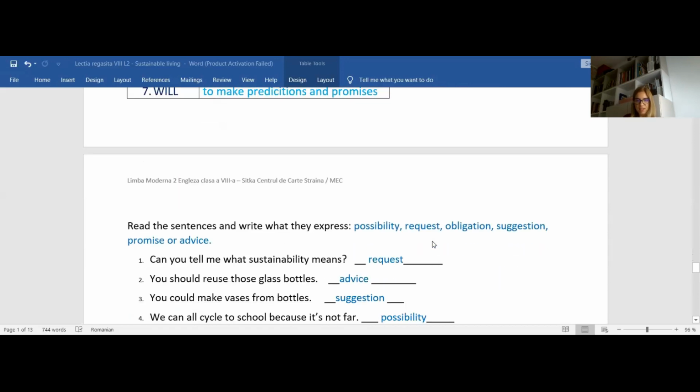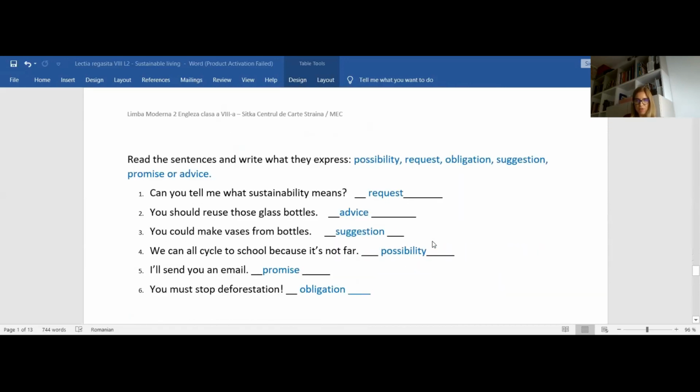Another exercise which involves modal verbs. I have picked this exercise in order to make you practice this idea of possibility, request, obligation, suggestion, promise, or advice, and to match these functions to the modal verb.